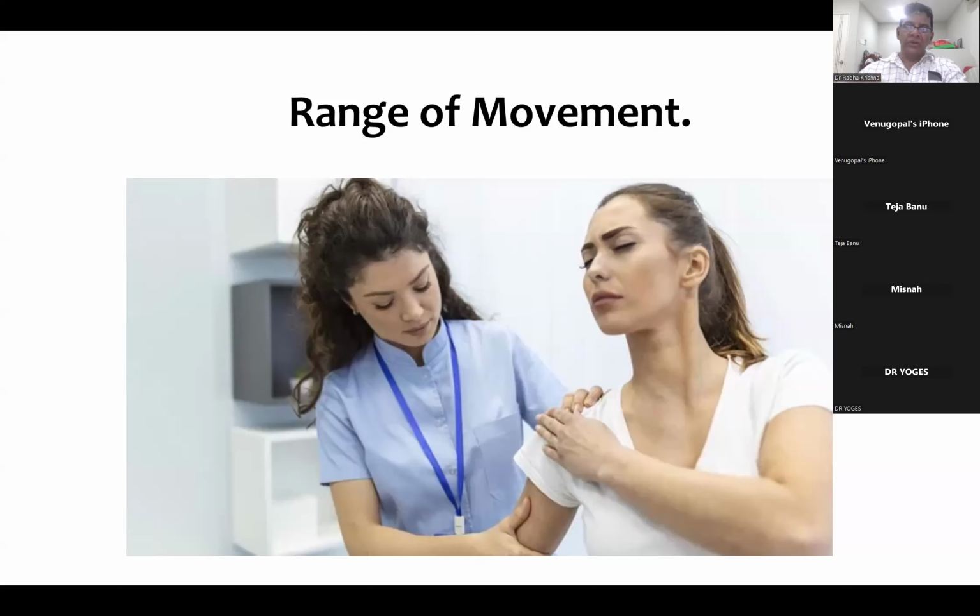Okay, can they adduct it, or cross it across to the other arm? Check the range, and usually they cannot put their arm behind their back, and they find it very difficult to, like women, unbutton. They find there's very limited back movement, and we need to find the range so that in the subsequent treatment, or during the follow-up, we can see the range of improvement.